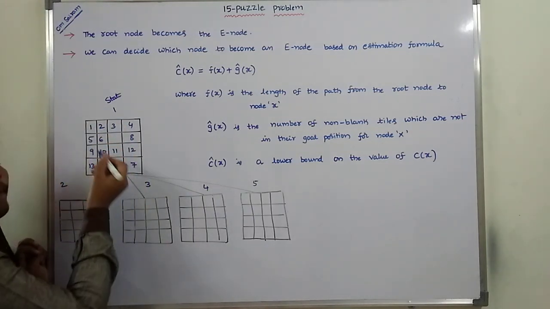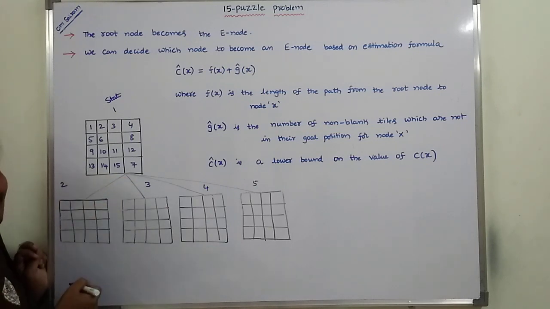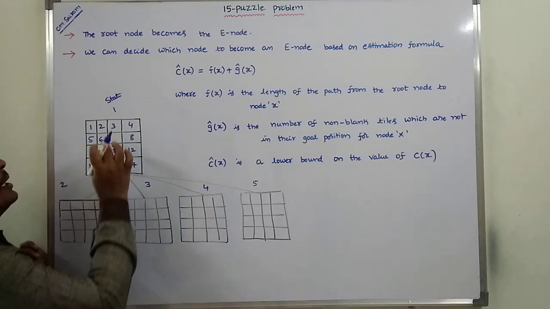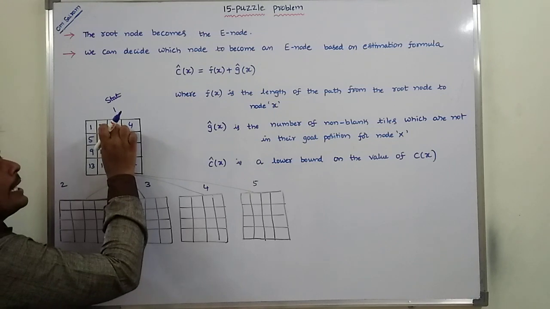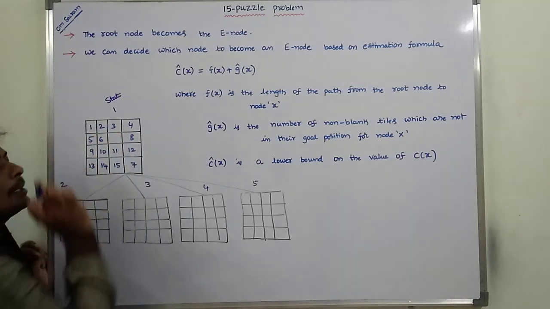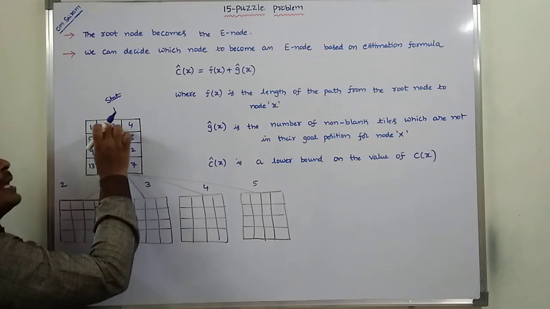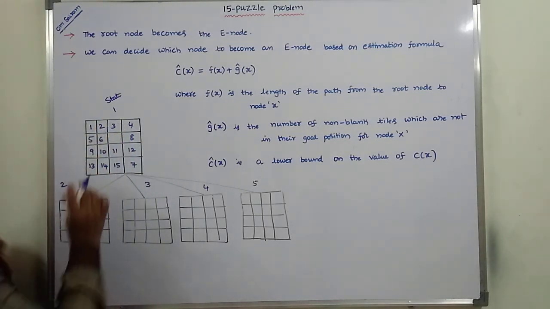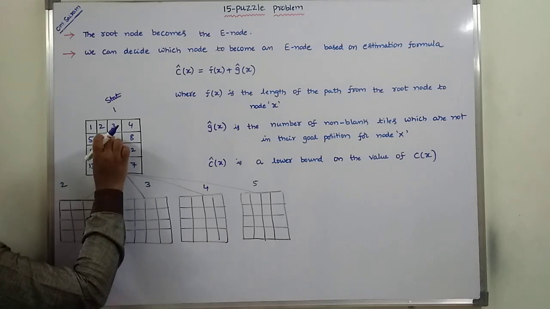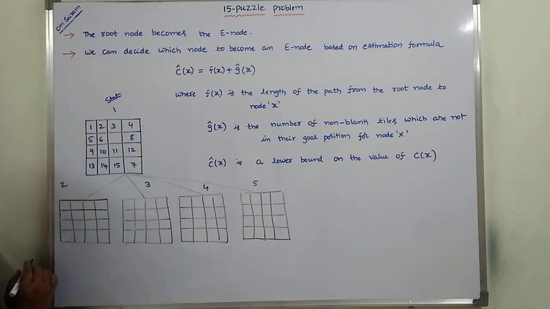Next, what are the possible arrangements? First one, tile 3 can be moved down. Then this empty tile can be moved to this position. We are creating one arrangement. That arrangement is called a new arrangement.